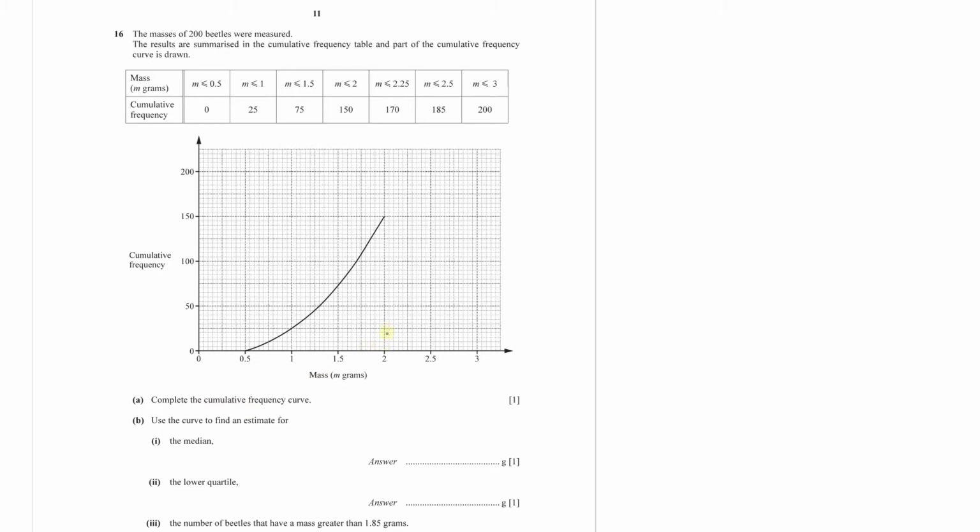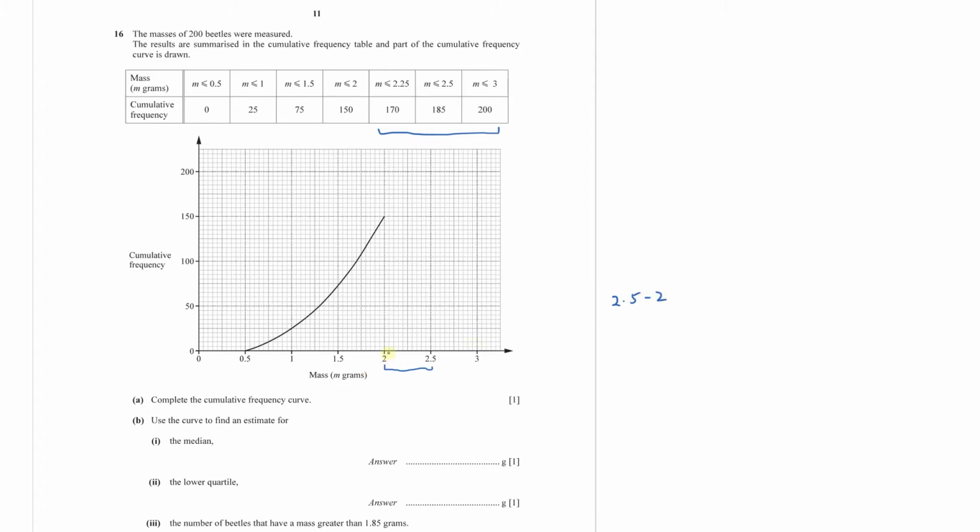So the last value on the curve is for mass 2, which was 150 here, and you can see 150 here as well. So we have to plot these three points. So at mass 2.25, let's first calculate what's the value represented by each of these small boxes. If I move from here to here, the change in value is 2.5 minus 2, which is 0.5.